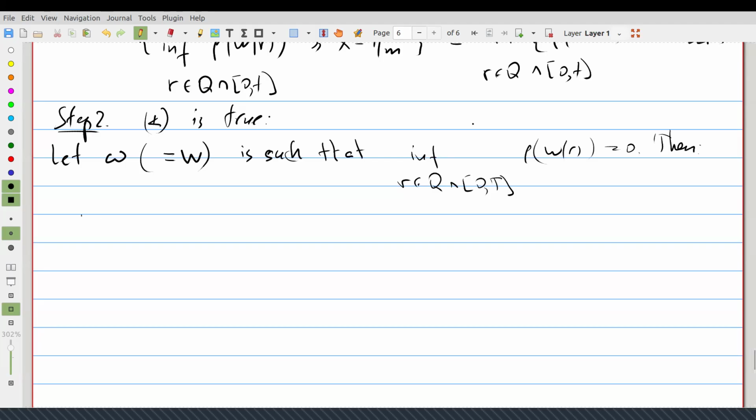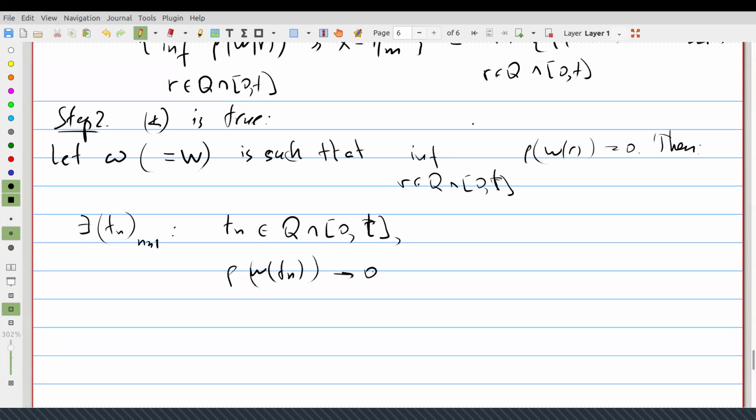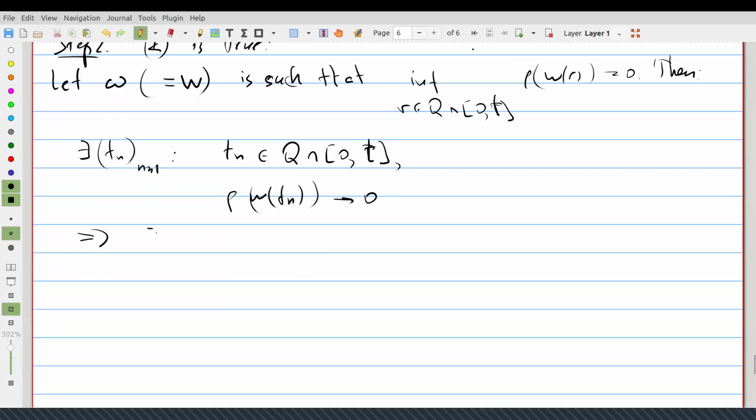Then what does this mean by definition? There exists some sequence of times t_n such that they belong to this set, where this is T small, and rho of W(t_n) converges to 0. This is by definition of the infimum. Now, from here it follows, because we live on [0, T], and this is a compact set, that there exists a subsequence, and there exists S that belongs to [0, T].